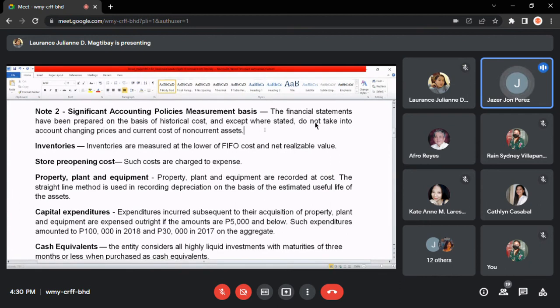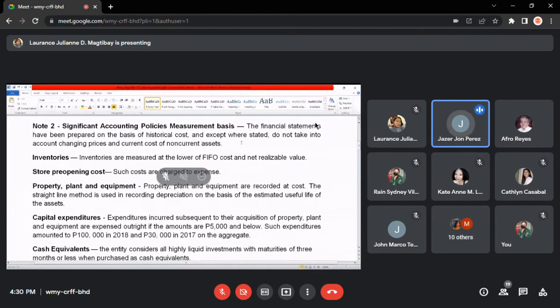Sabi dito, ang financial statement daw ay hinahanda at nakabase sa historical cost. Yung historical cost, ito yung mga past and current cost ng non-current assets.